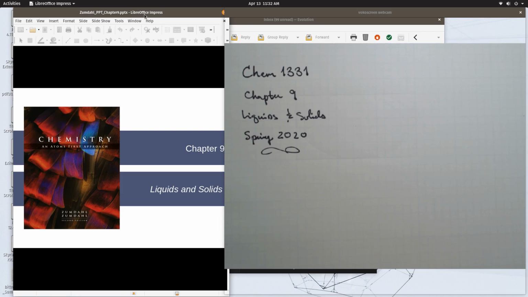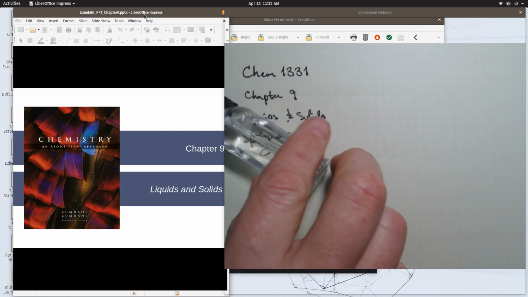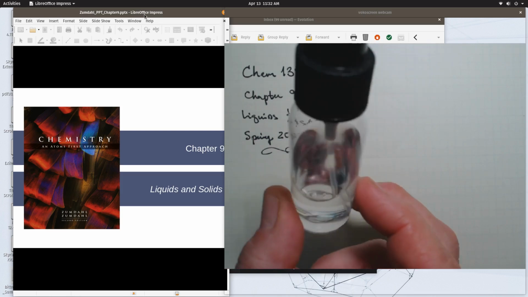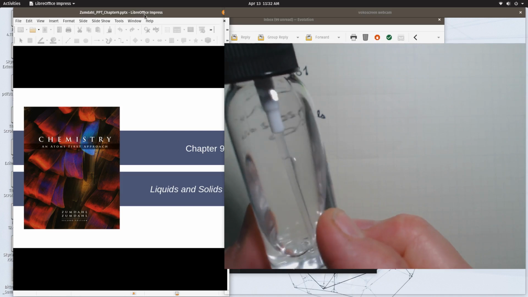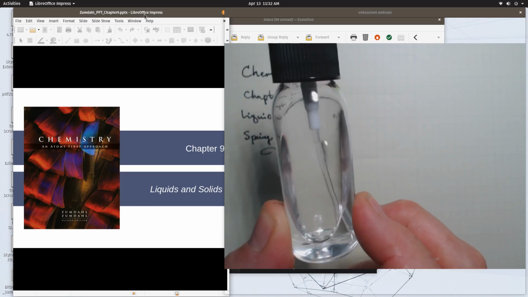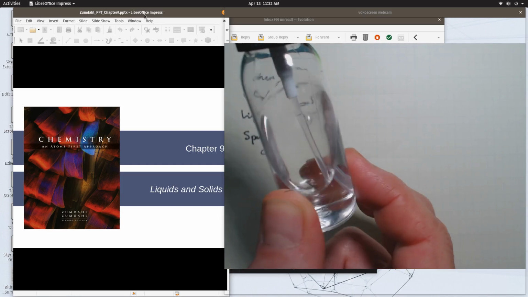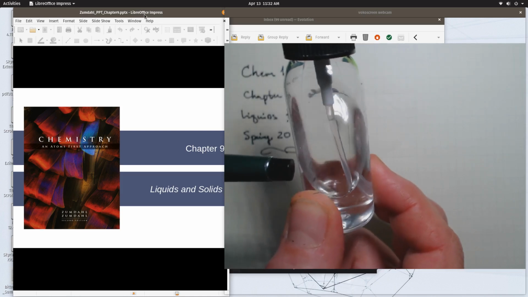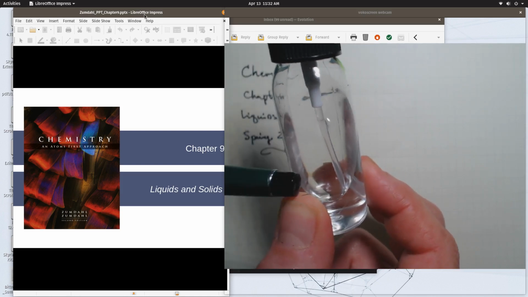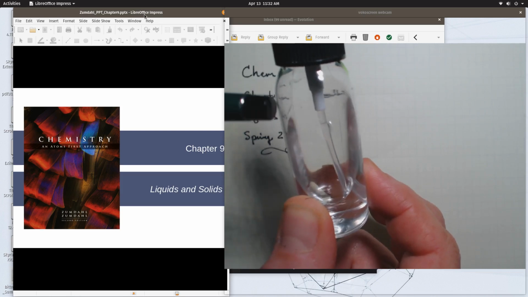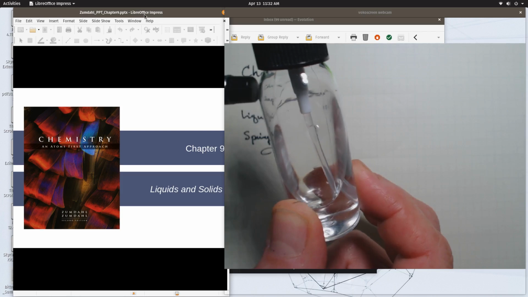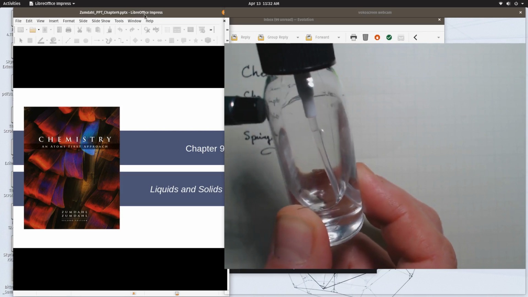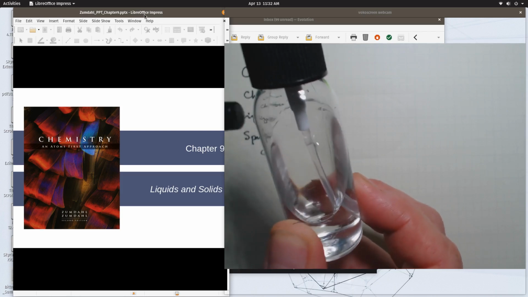The main thing about a liquid, we can see in this little bottle of hand sanitizer, is that it conforms to the container that it happens to be in. And in this little hand sanitizer, there is a liquid phase, which is ethanol, and above that is a mixture of ethanol vapor, water vapor, and air, at atmospheric pressure.